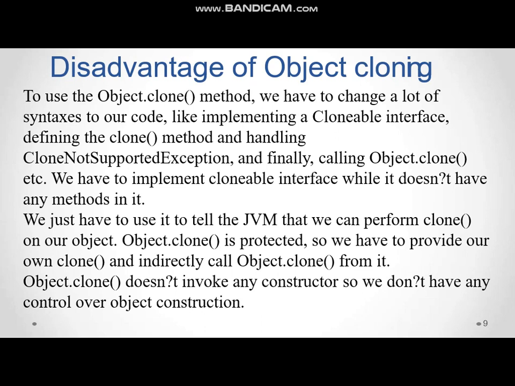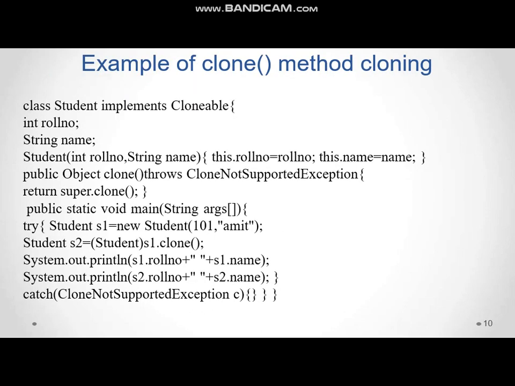Object.clone() is protected, so we have to provide our own clone() and indirectly call Object.clone() from it. Object.clone() does not invoke any constructors, so we don't have any control over object construction. The simple example for the clone() method.